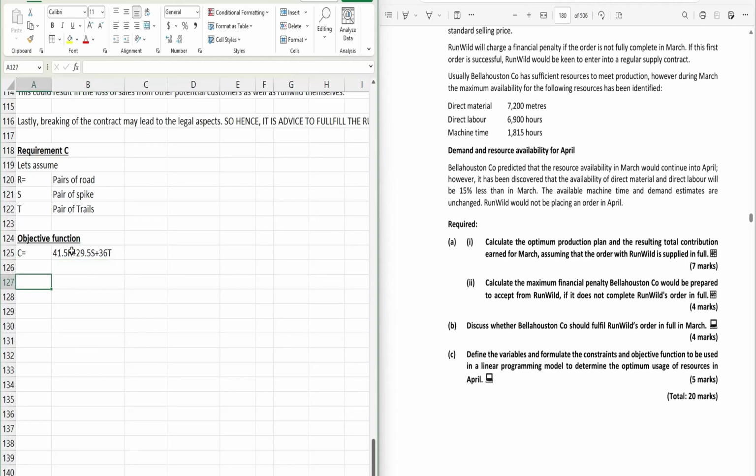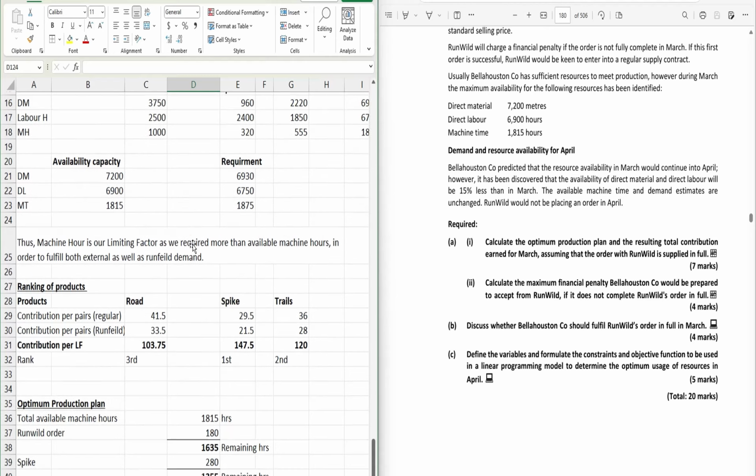So now we have to define the constraint functions. Our constraint is first for the materials. How much material is required for these three units?